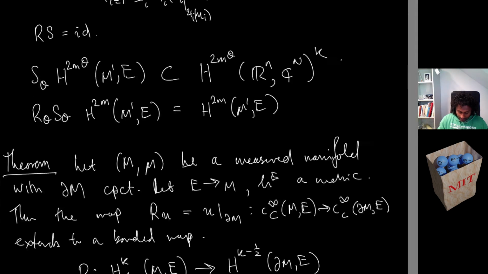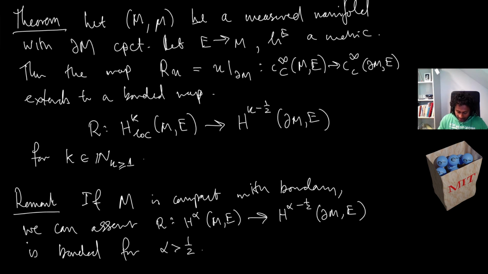The R in this case is not a retraction. I'm just defining R of U to be U restricted to the boundary. That's why I said that maybe that was a bad choice of notation, but I only noticed that now and I can't think of something else on the fly.